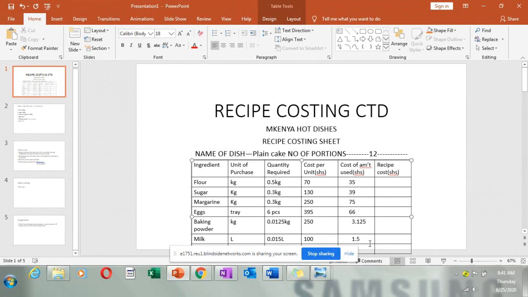Okay, so now we add this up and we get what? What do we get when we add all of them?